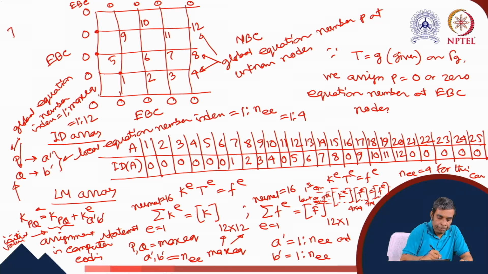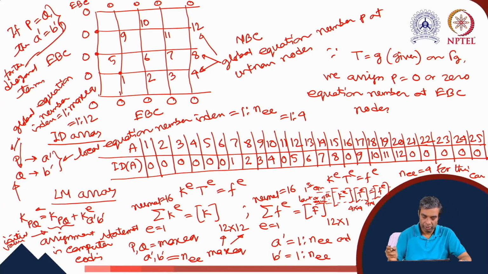So if we consider the diagonal terms of the coefficient matrix, then P equals Q, and F prime equals B prime. This is for the diagonal terms of the assembled matrix.